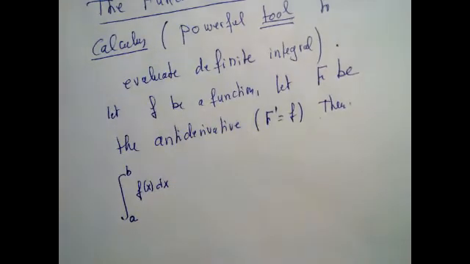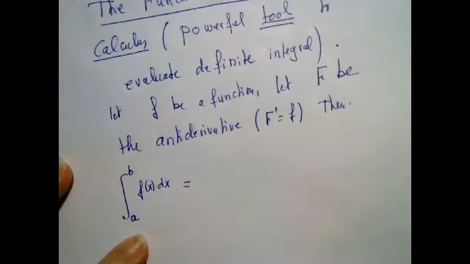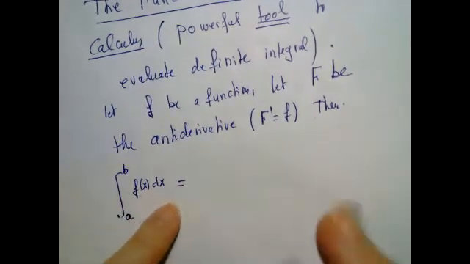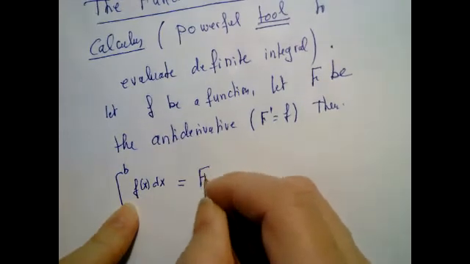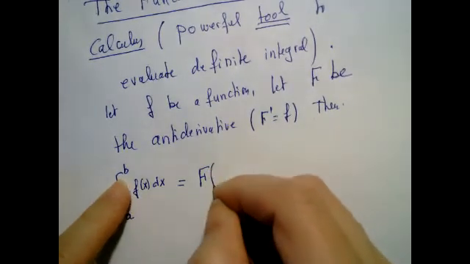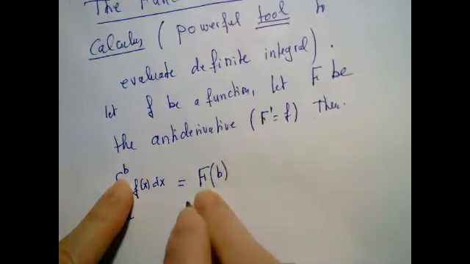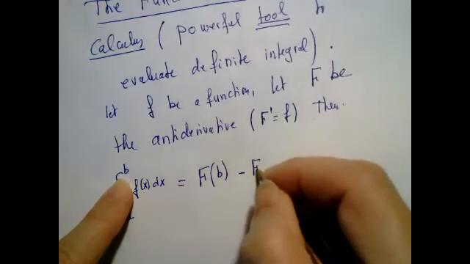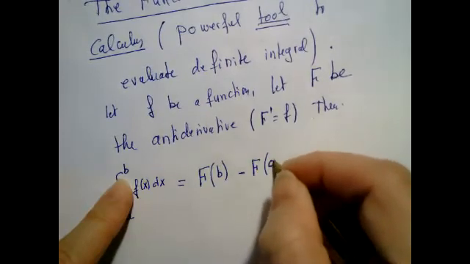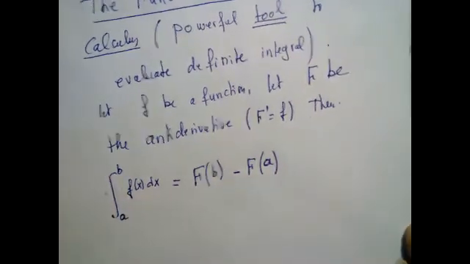It means those Riemann sums could be evaluated using the following theorem. It's going to be equal to the value of the antiderivative at the upper limit, remember that's the antiderivative of the function, minus the value of the antiderivative at the lower limit.